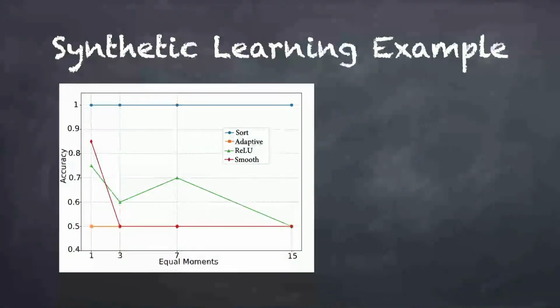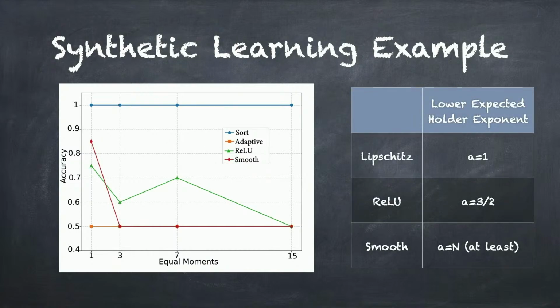Okay, so the first thing we did is something empirical, synthetic, where we knew we were going to win, and it worked. So we took basically an adversarial data set based on multisets where we know these things are very bad because we built it in that way.